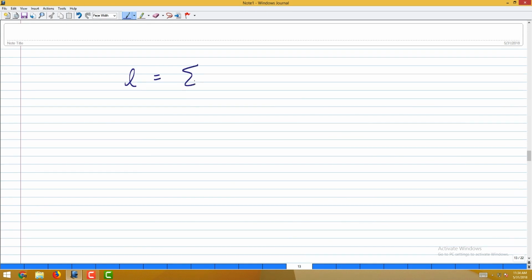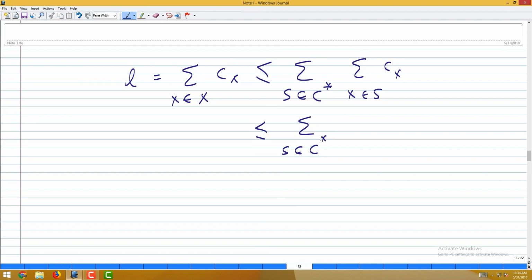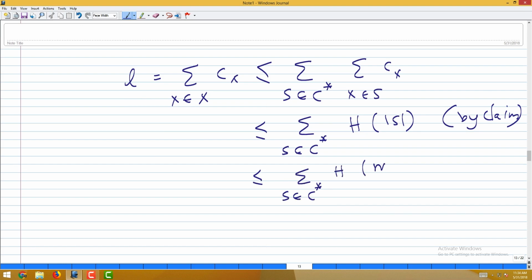L is equal to summation C x, x in X, which is less than or equal to summation S in C star, summation x in S C x, which is less than or equal to summation S in C star H of S by the claim, which we will prove, which is less than or equal to summation S in C star H of max of S. S is in family F itself, does not matter. Okay. This is equal to cardinality of C star into H of max of cardinality.